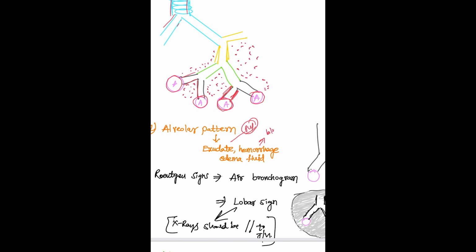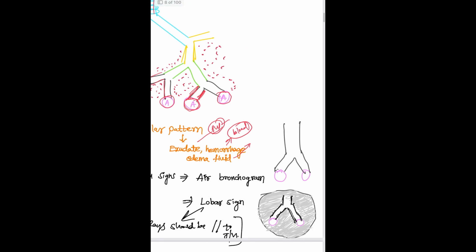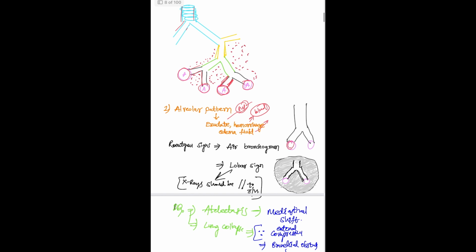So blood, sometimes pus, or on very few occasions edema fluid will be accumulated in the alveoli. If the alveoli are filled with fluid other than air, then the air will come to the terminal bronchiole but will not participate in gas exchange. So the air will be left in these bronchioles.